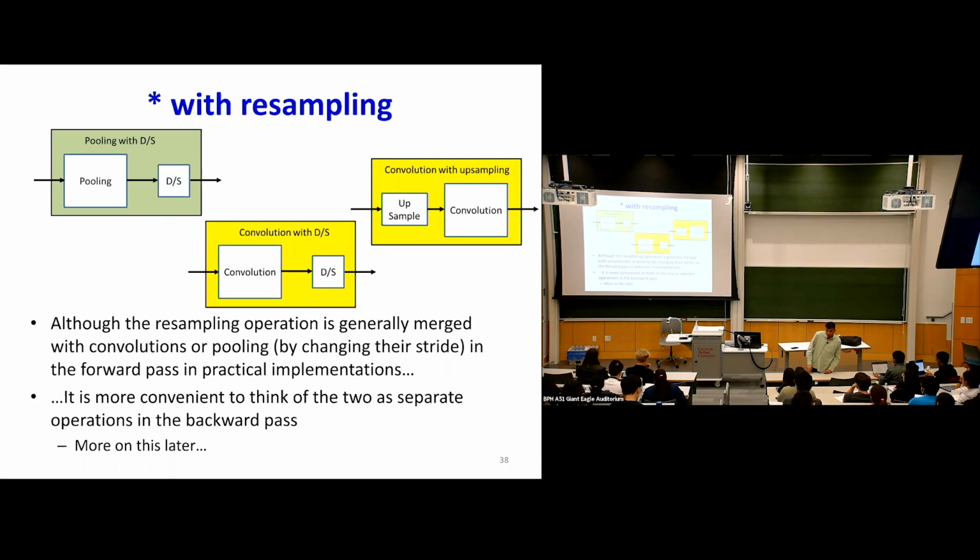If you're downsampling, you're merging it with the preceding operation, where that operation is done with a stride greater than 1. If you're upsampling, it can be viewed as being merged with the subsequent operation, where you're performing that operation with a stride less than 1.